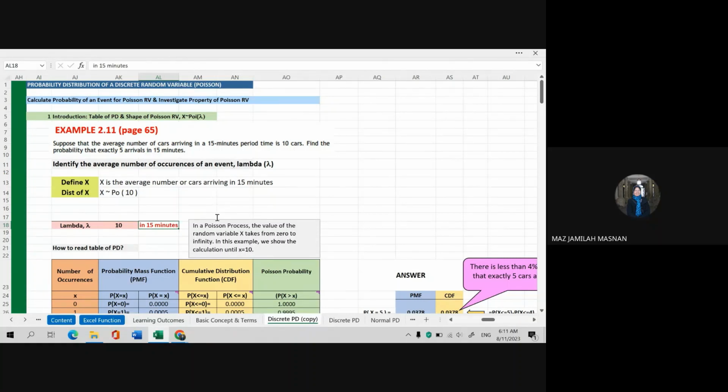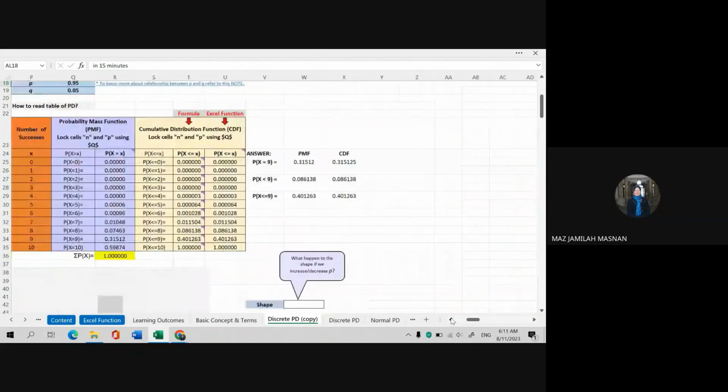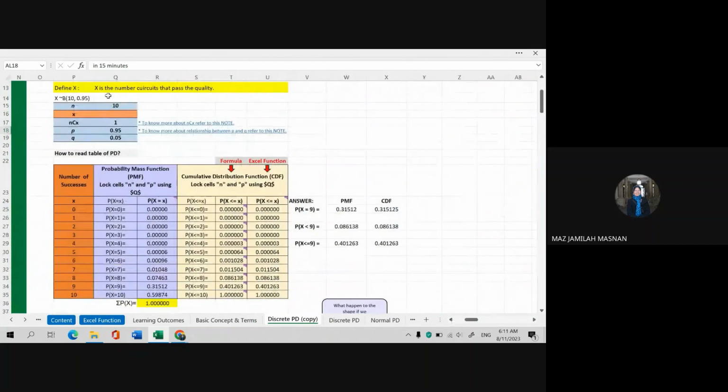Okay, just to recall, in a Poisson process, the value of the random variable X takes from 0 to infinity. So class, you have to remember, unlike binomial, we have a specific number of trials.